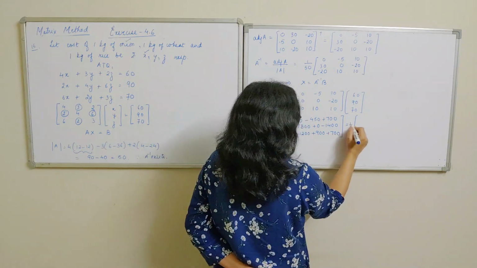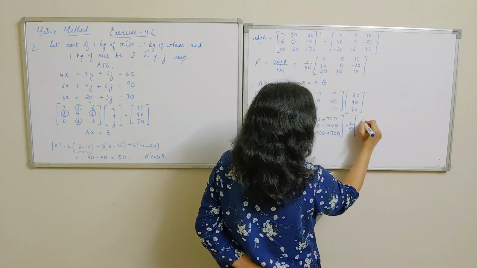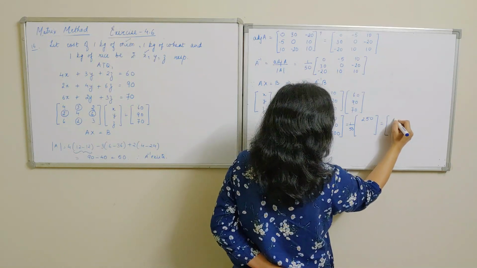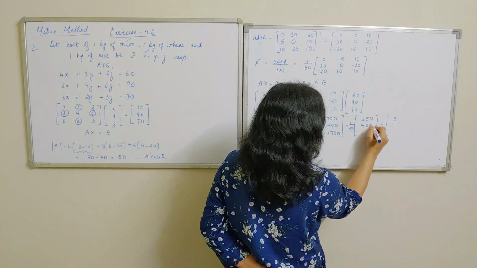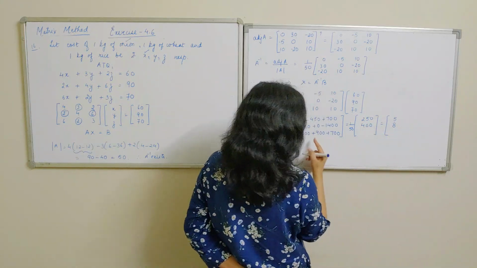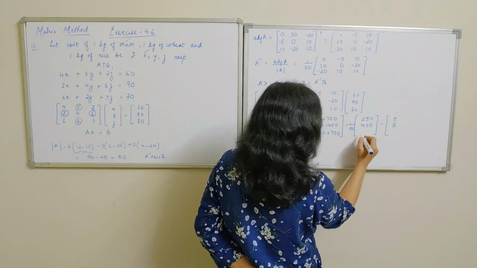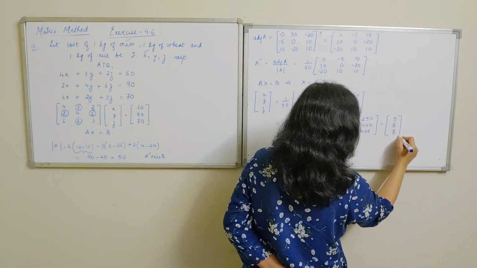So what is this value equal to? 250, which on further simplification gives us 5. This value is 400, so 8, and this is 16, 400, which is equal to 8.